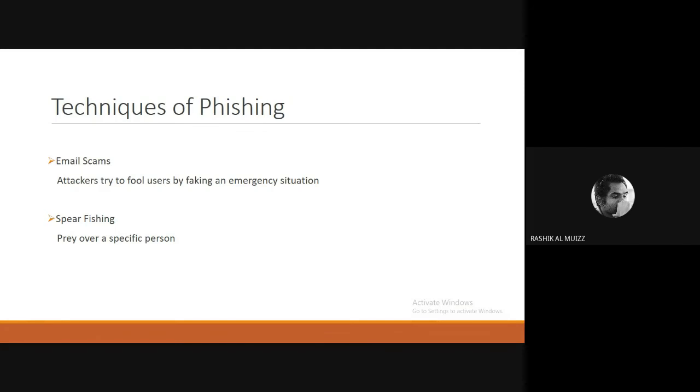In the case of spear phishing, it preys on a specific person. It is a more in-depth version of phishing that requires special knowledge. In this type of phishing, an attacker searches the names of the employees of an organization and gains access to the latest project invoices.